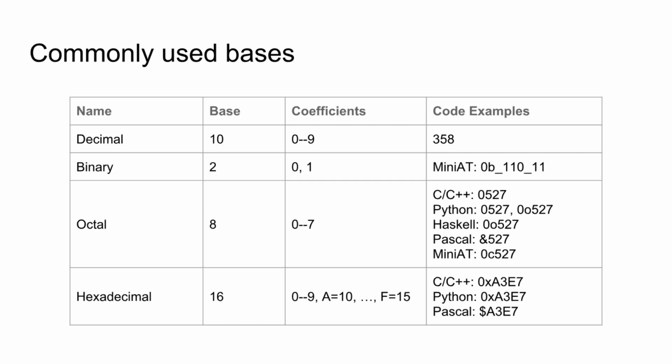So this is not really 527. It's 5 times 8 to the second power plus 2 times 8 to the first power plus 7 times 8 to the 0th power. So we could figure out its decimal equivalent by writing it down in its coefficient base exponent form and doing the rest of the math to convert it to decimal.